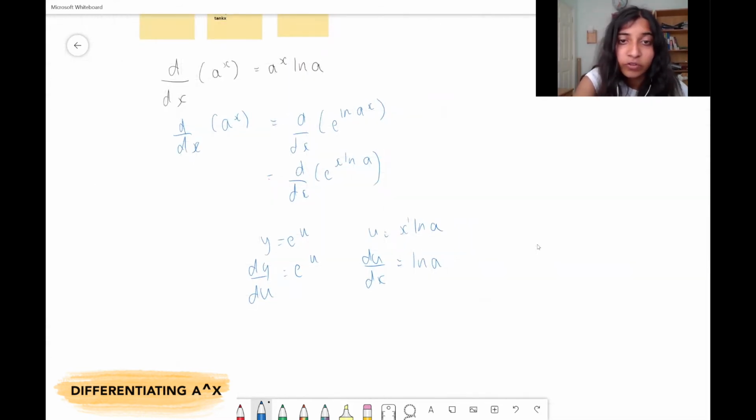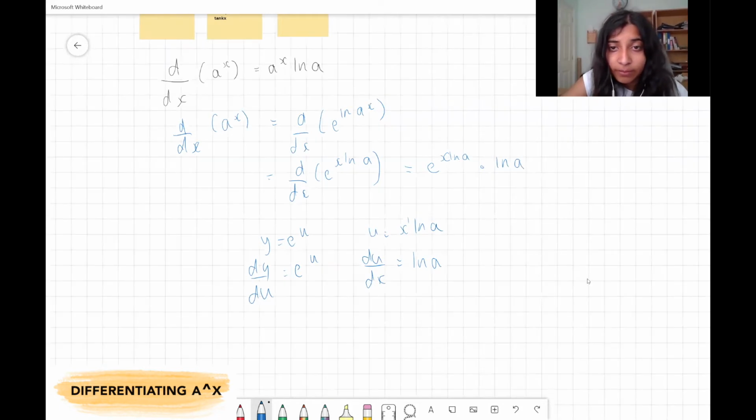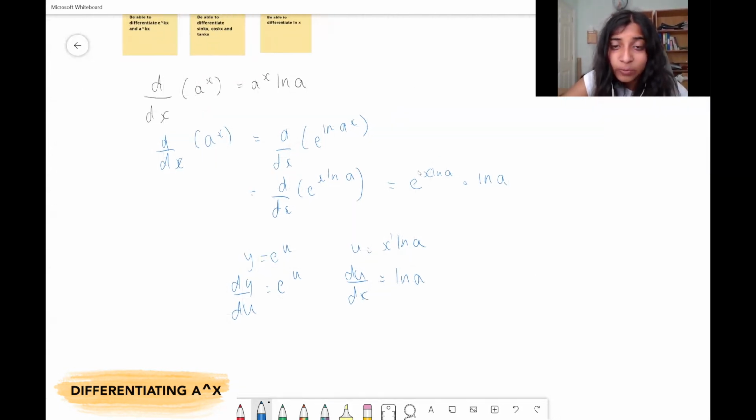So the derivative is equal to e to the power of x ln a times ln a. Then we can rewrite the e term as e to the power of ln a to the power of x, times ln a. Remembering that the exponential of ln of something just leaves that something, we are left with a to the power of x.